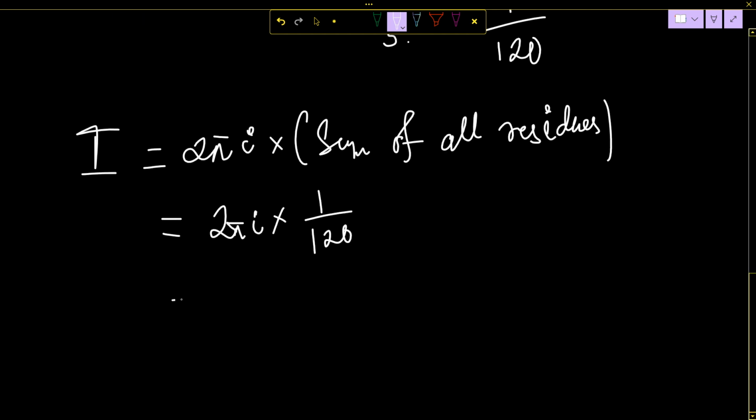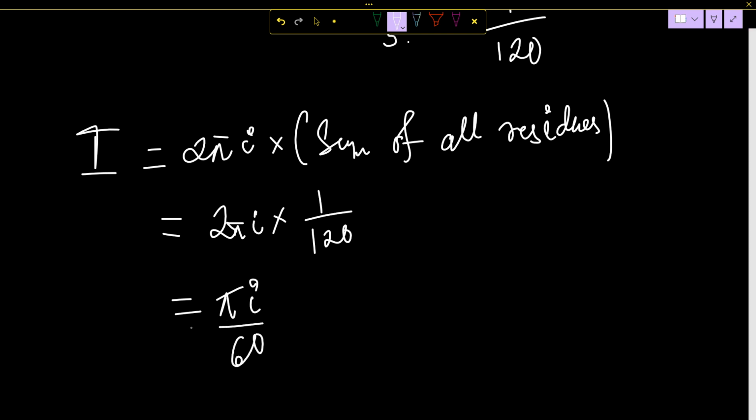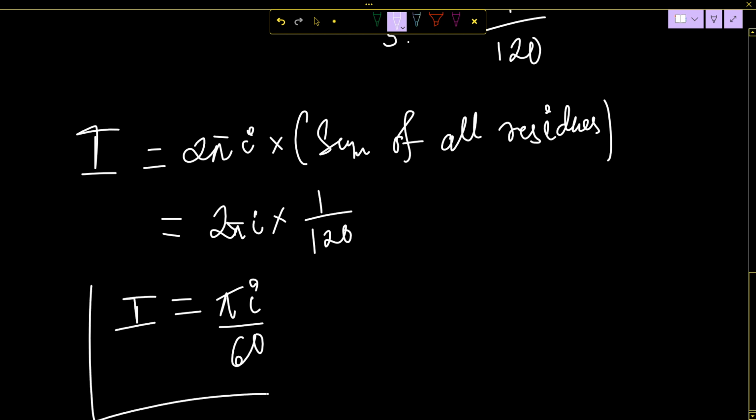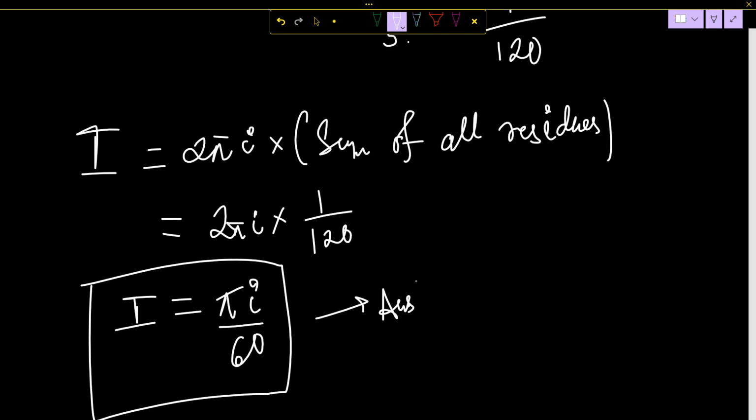This will be pi i by 60. This is your answer.